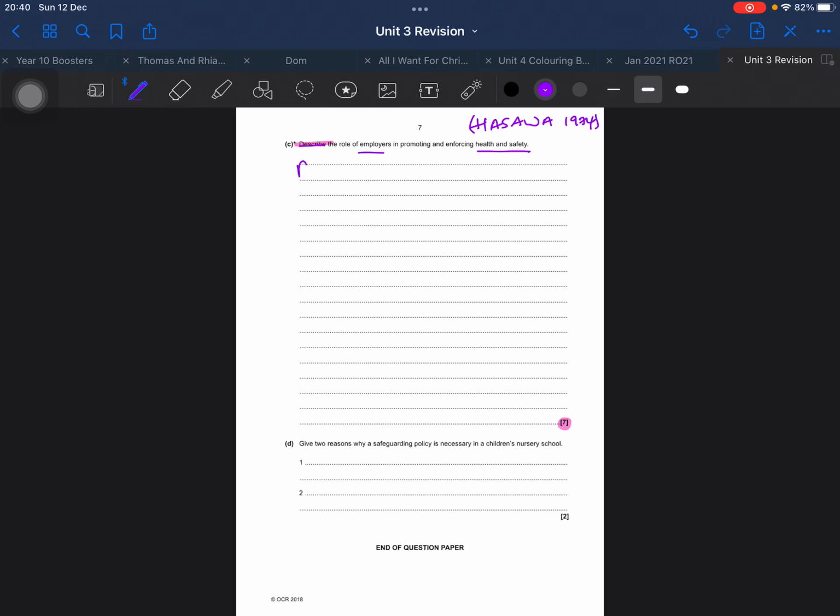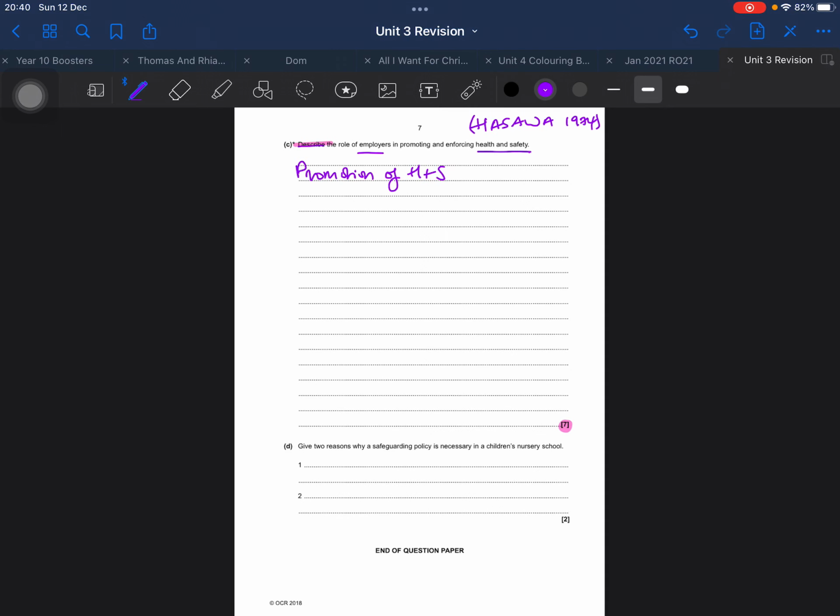So we'll do promotion first and safety. Okay, by complying with relevant legislation such as Health and Safety at Work Act.